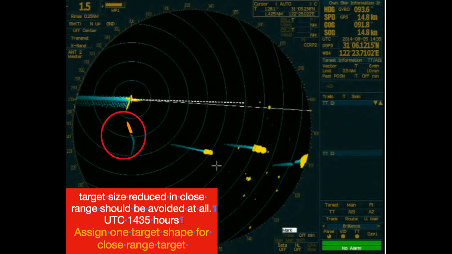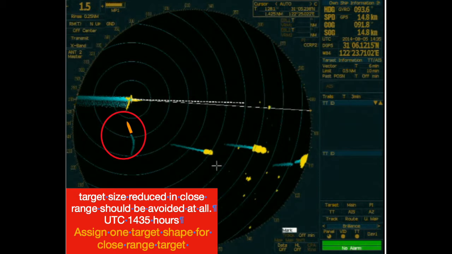Okay, yesterday we started talking about the small vessels target, even the big vessels target. When coming to close range, it suddenly loses its echo because it's merged with the sea clutter.